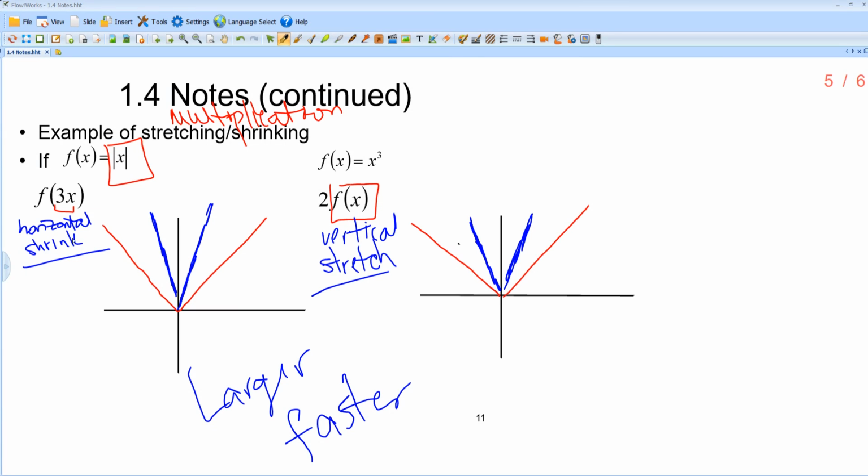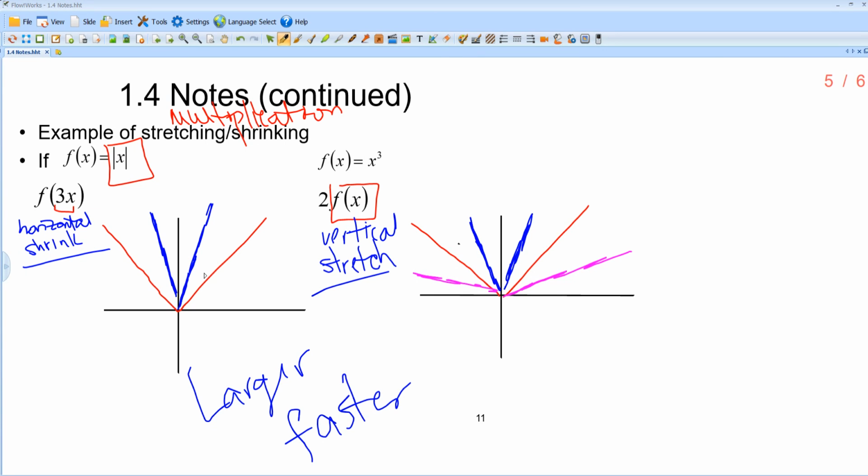A horizontal stretch, the opposite of this, or a vertical shrink, those would do the opposite. They'd get larger slower. And I'm going to draw it on this graph. I wouldn't necessarily recommend that you do it unless you label it. If I were talking about a vertical shrink, I'm cutting these in half, these y values, so it would be half as high.